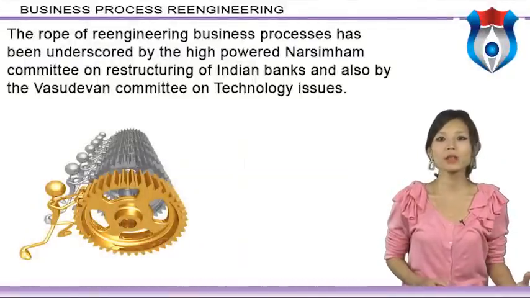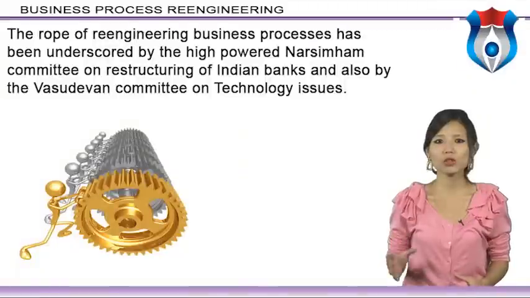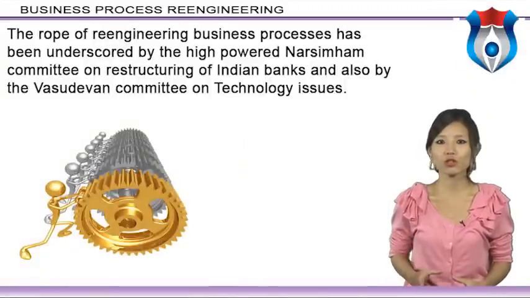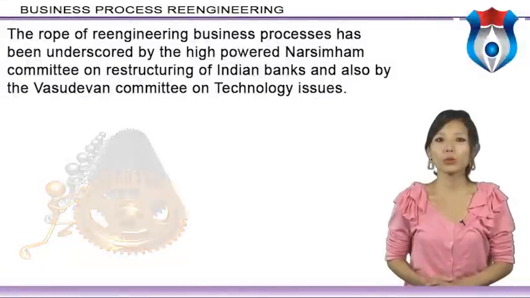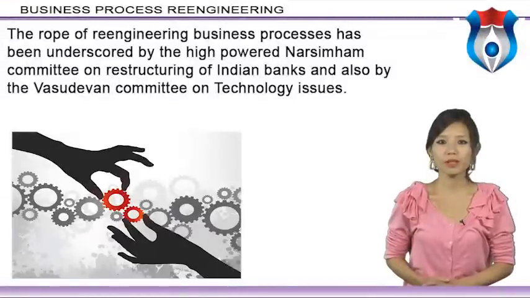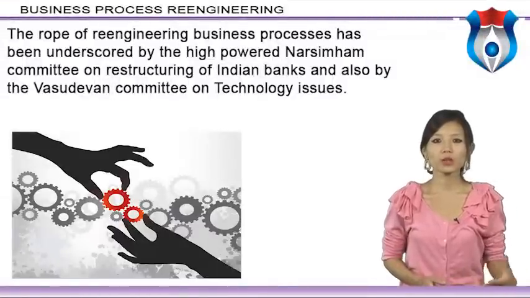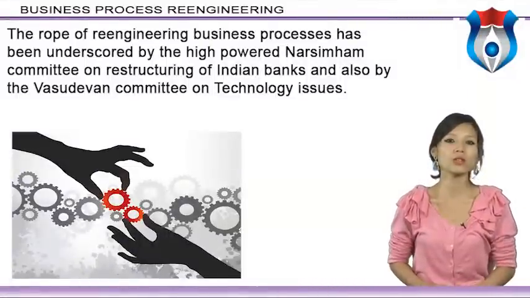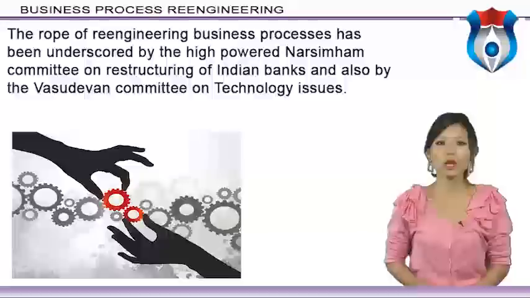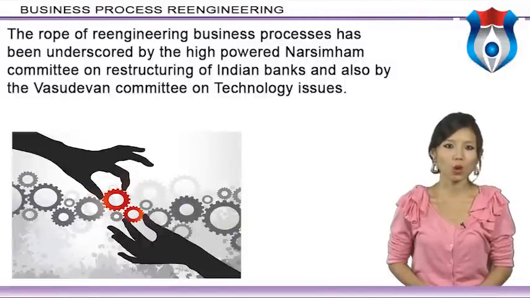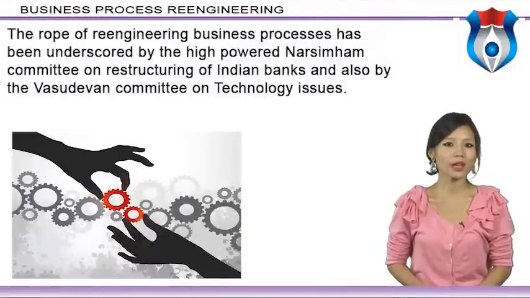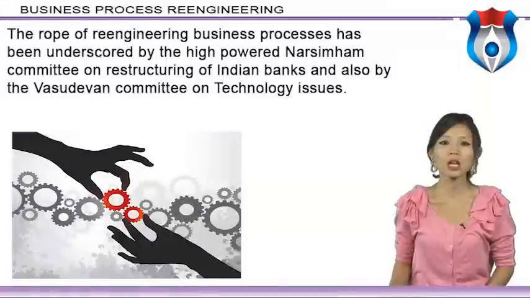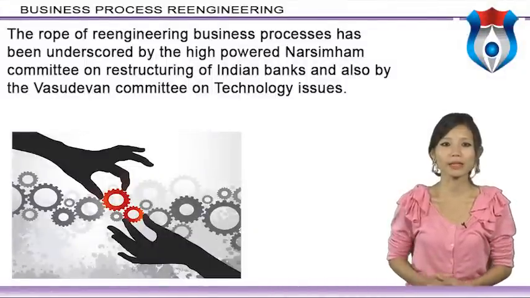The Narasimham Committee has recommended that the initiatives for technology upgradation should be taken up along with reengineering of business processes. The Vasudevan Committee has further suggested that the process reengineering initiatives should be monitored by the chairman of the bank and there should be close coordination among the bank, RBI and IBA for implementing process reengineering in banks.